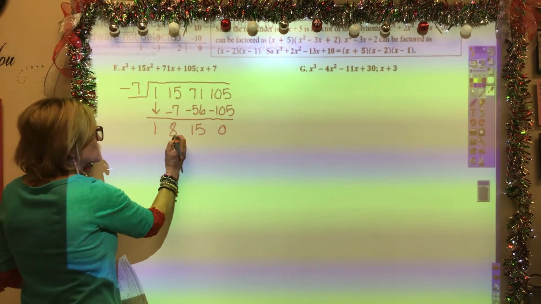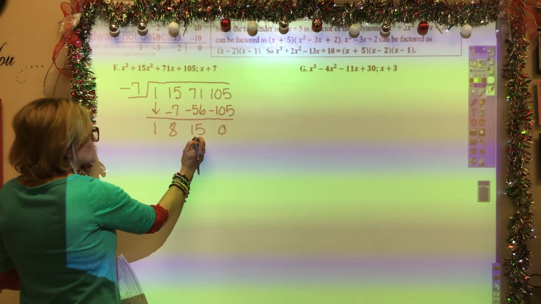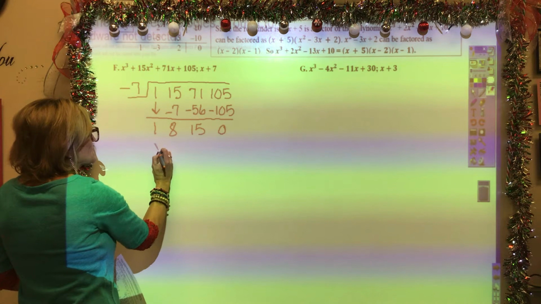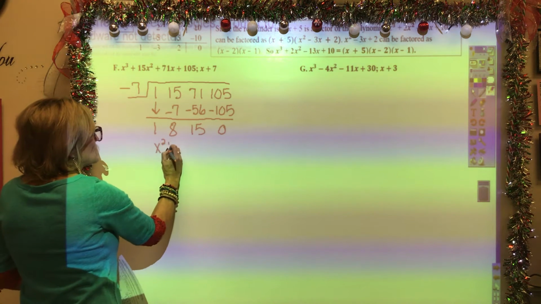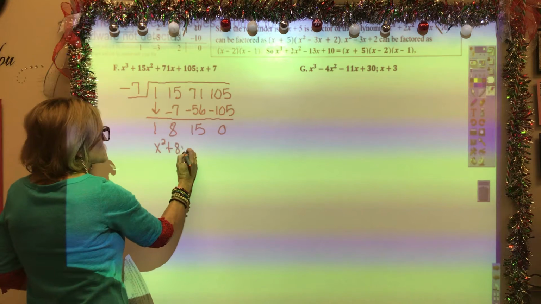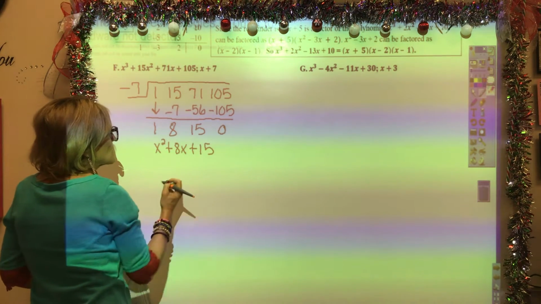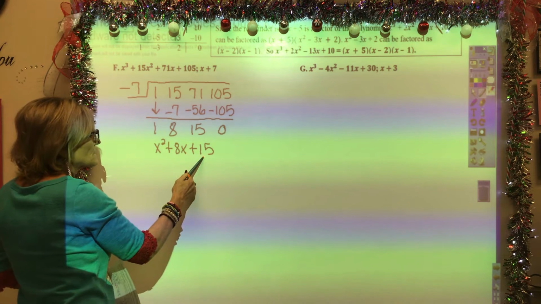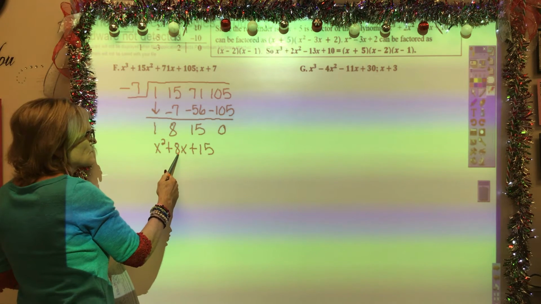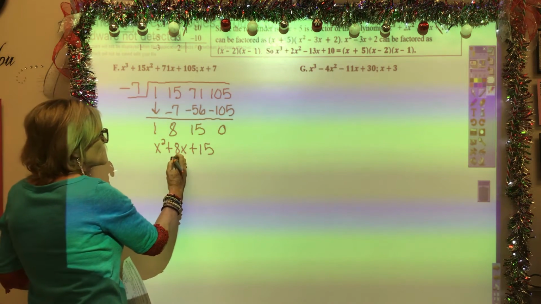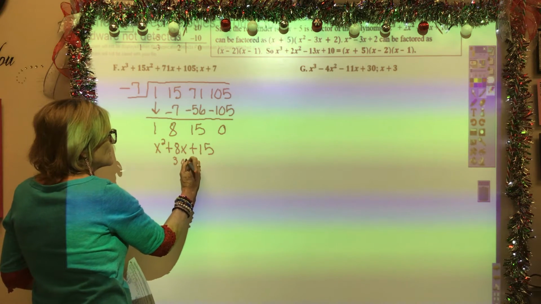Now we're going to take our result and rewrite this as x squared plus 8x plus 15. So we want to know what multiplies to 15 and adds to 8, which would be a 3 and a 5.